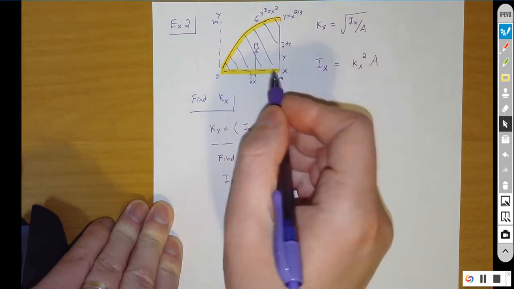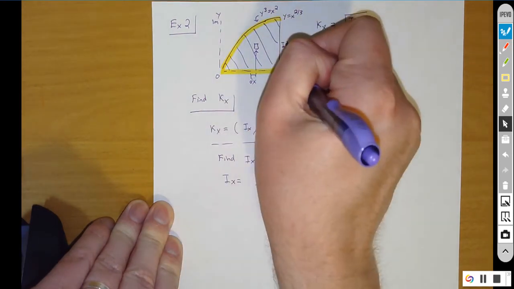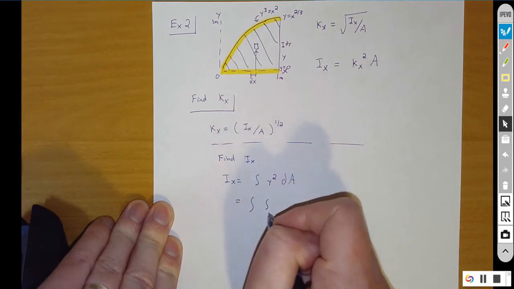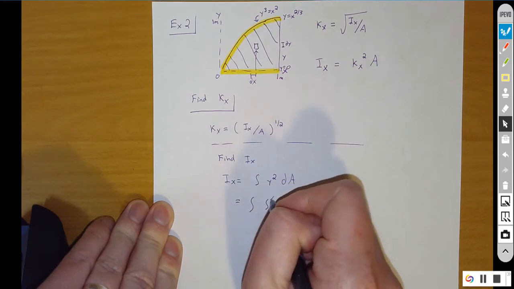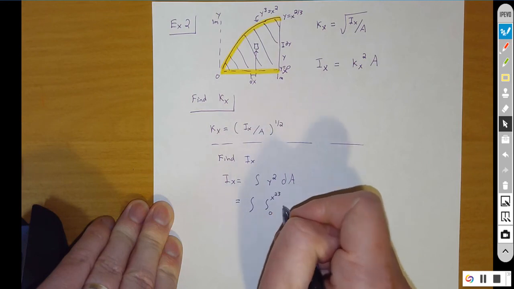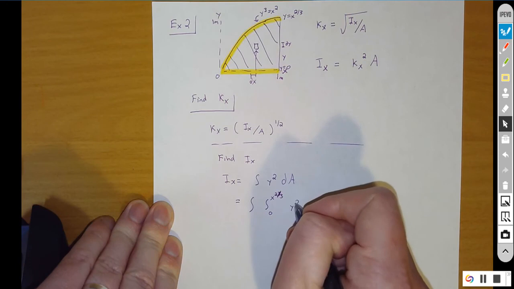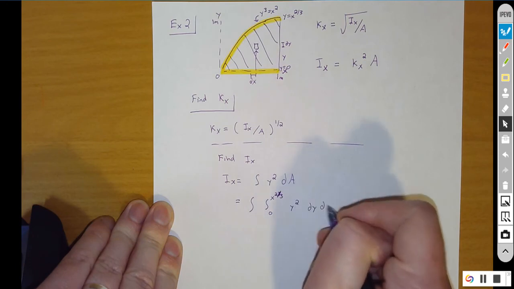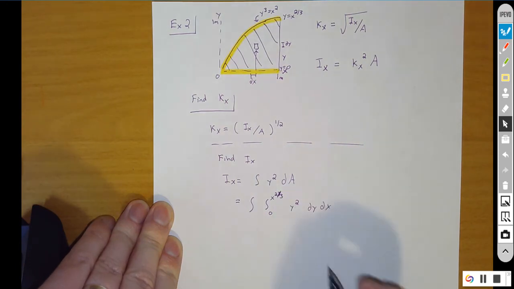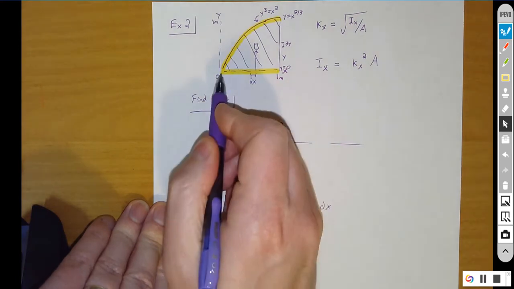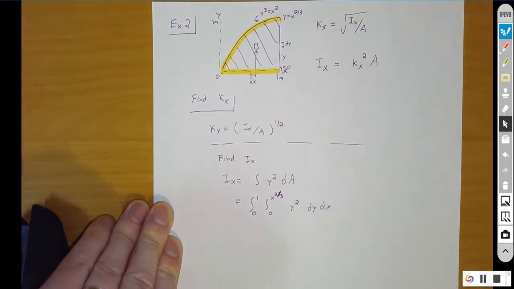It's nice to start off with that y equals 0 down here. So we will integrate from y equals 0 to y equals x to the 2/3. So we'll get a y squared, and then we're going to go dy dx. That has nothing to do with this being a y, by the way. And then we will go from 0 to 1. X starts at 0 and goes to 1.